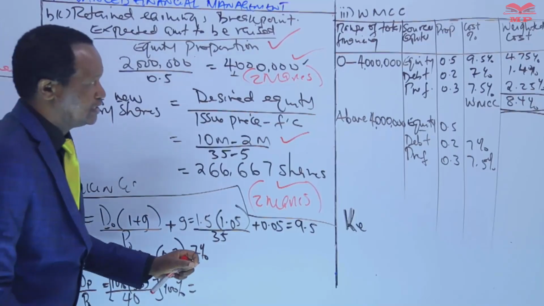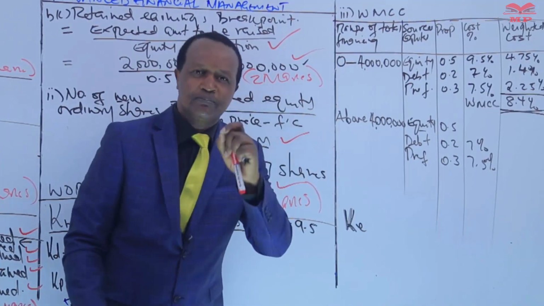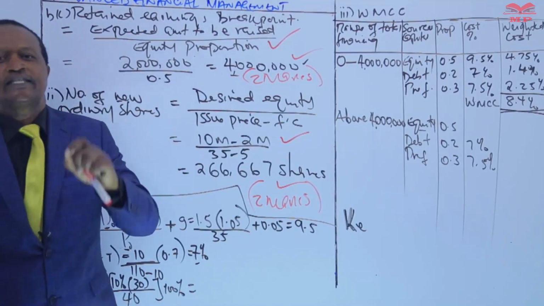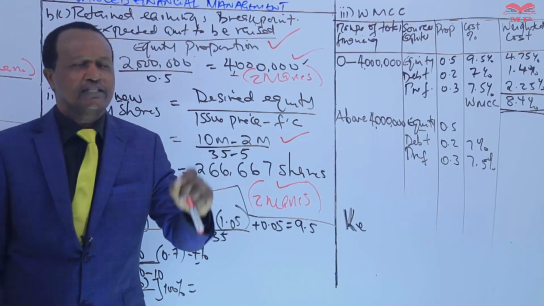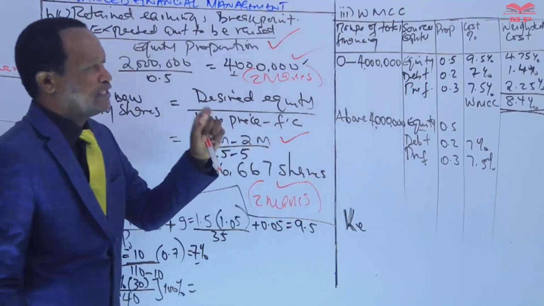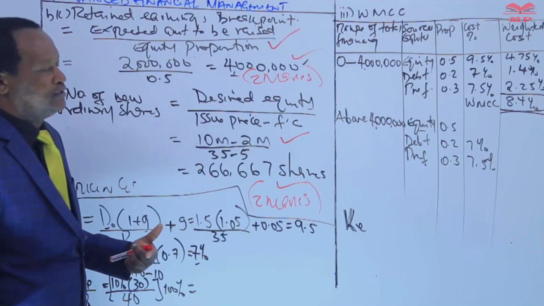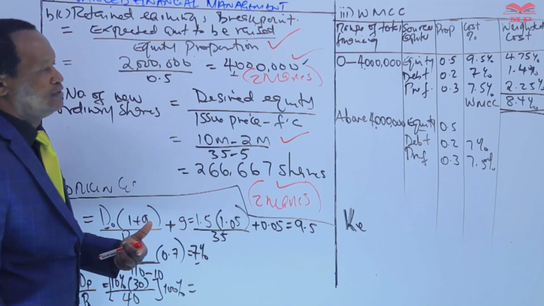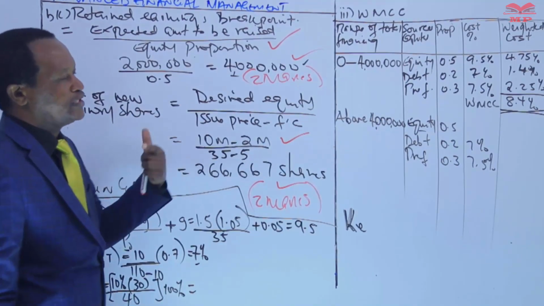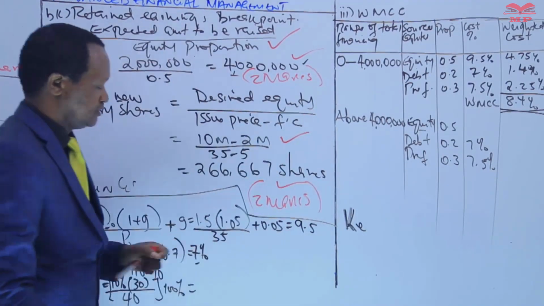Get an understanding that retained earnings breakpoint is the maximum amount of money that a company can raise using its retained earnings without altering its capital structure, or without needing to raise money through issue of shares.